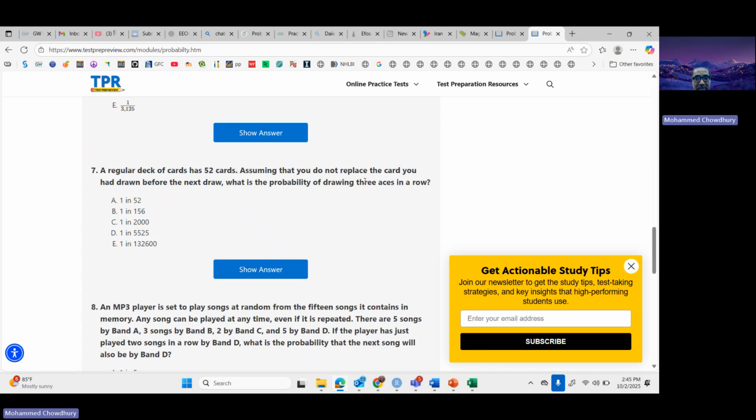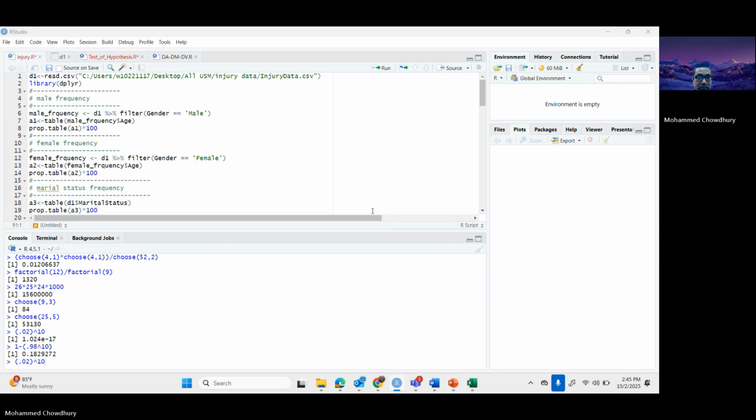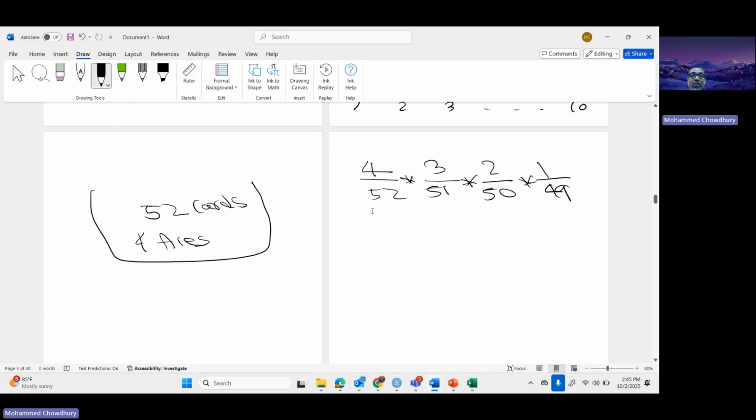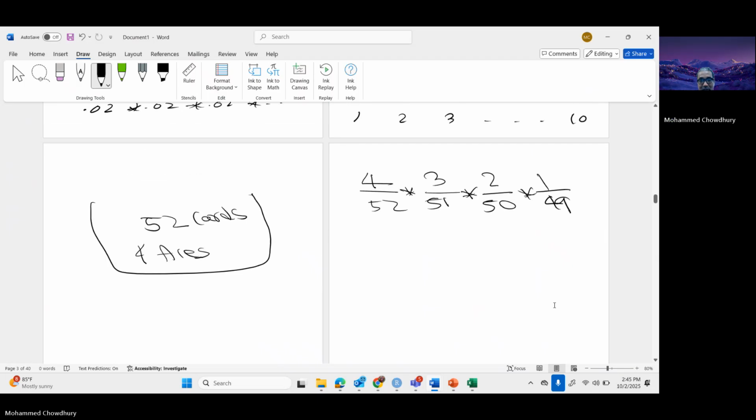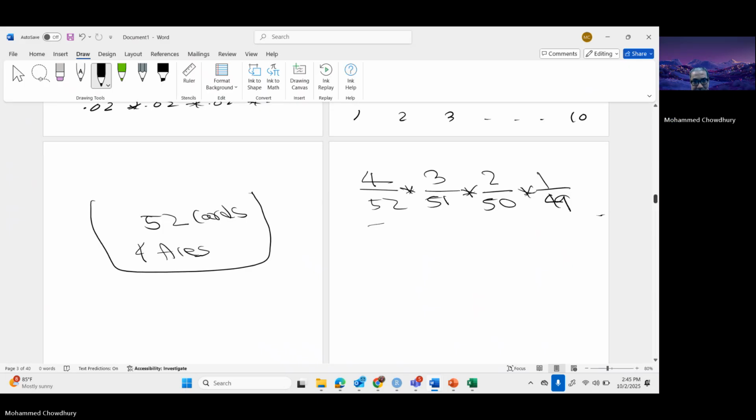Assuming that you do not replace the card you had drawn before the next draw, what is the probability of drawing 3 H's in a row, which is equal to 4 over 52 times 3 over 51 times 2 over 50. And then as it is said 3, we just need to get rid of that.